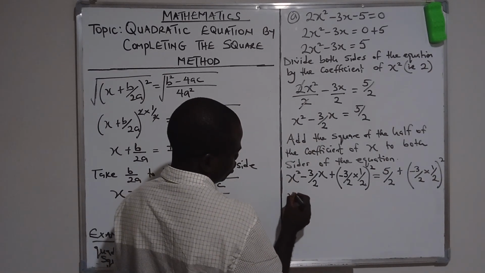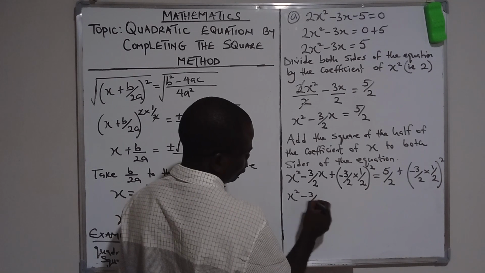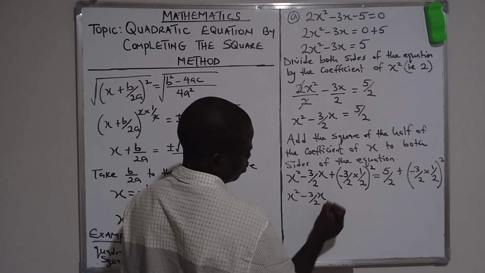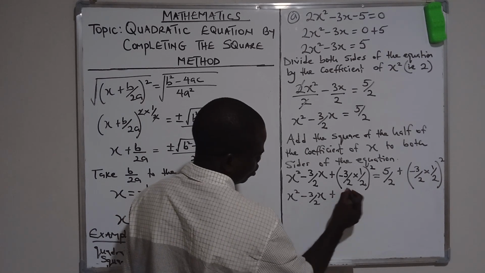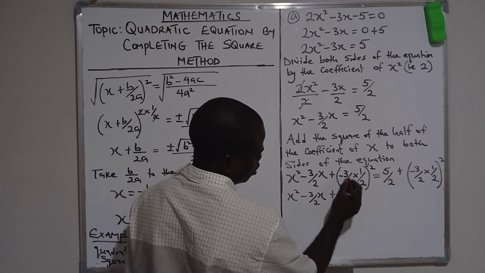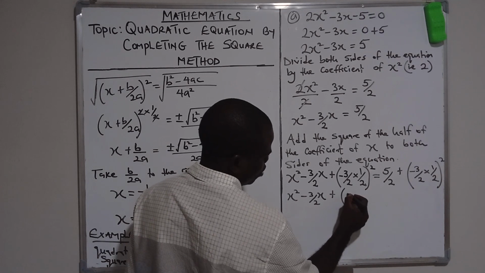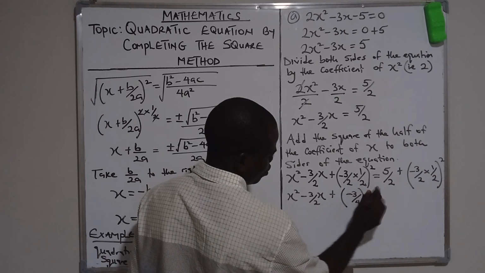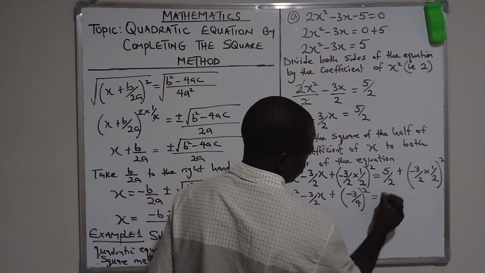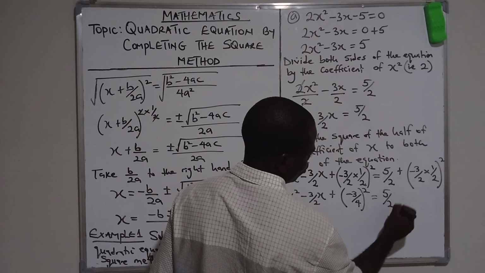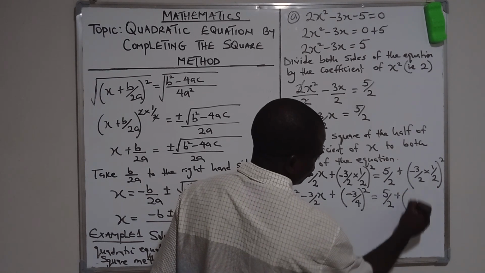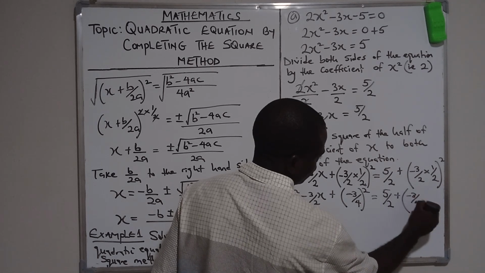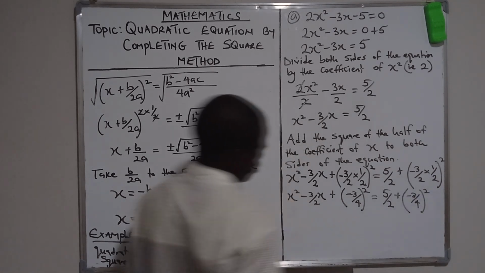Now x squared minus 3 over 2x plus minus 3 over 4 squared equals 5 over 2 plus minus 3 over 4 squared.